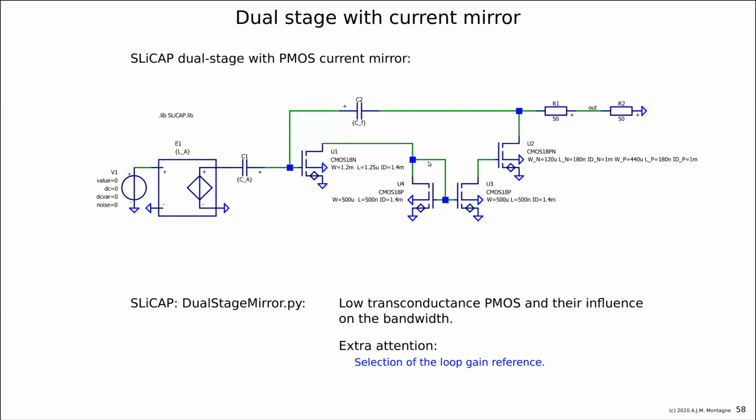And here, of course, the stage is almost shorted because we have basically 1 over GM of the stage, but GM is much smaller than of the first stage, so we still may have some voltage gain. But the Miller effect will be really low, also because of the high capacitive load.